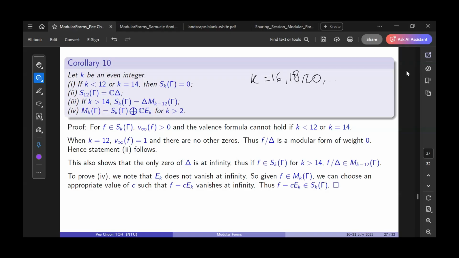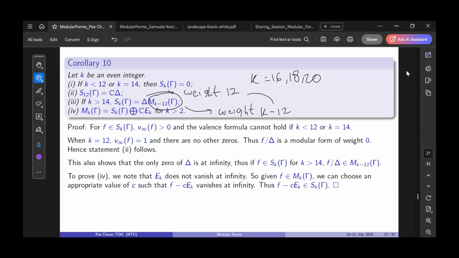We can see that the cusp form of weight k is always the same as delta, right? Delta has weight 12, and it is always multiplied by some modular form with weight k minus 12.